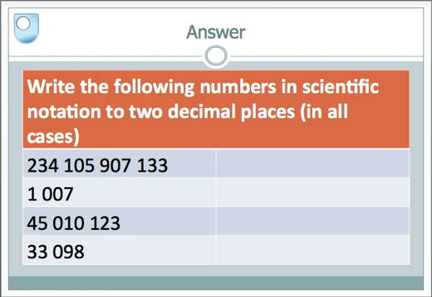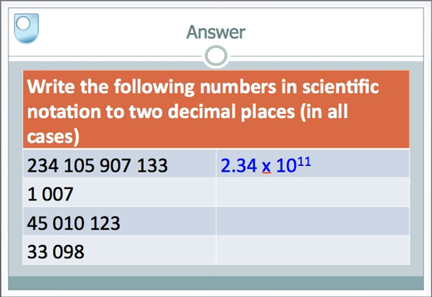So I'm going to move it 1, 2, 3, 4, 5, 6, 7, 8, 9, 10, 11 places to the left. But then I only want it to 2 decimal places. Now here this might involve rounding up or rounding down. My answer becomes 2.34, because I don't need to round it up, times 10 to the power of 11, which is the number of times we've moved the decimal point from the right to the left.